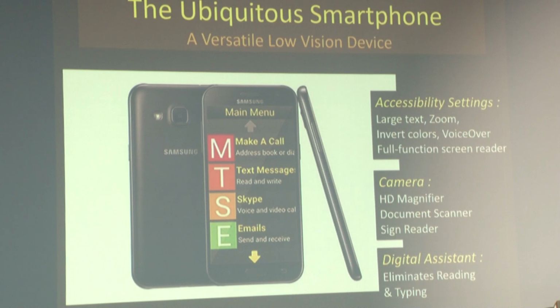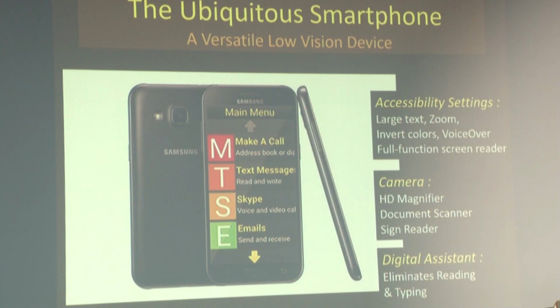So now coming to the ubiquitous smartphone. I think the iPhone 3GS was the first one that involved all the visual aspects of using the phone. Now there have been many recent advances, and there are certain apps you can install on your phone. There are certain phones designed for people who have low vision.